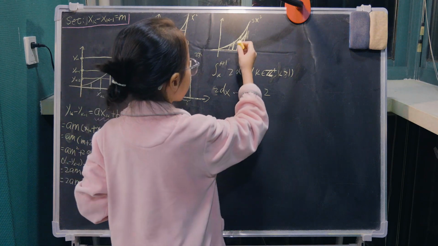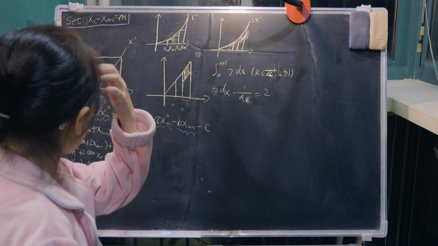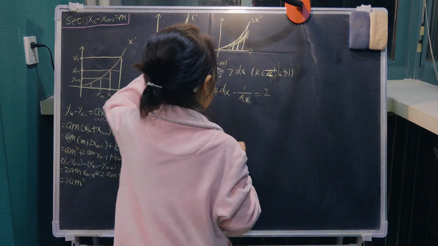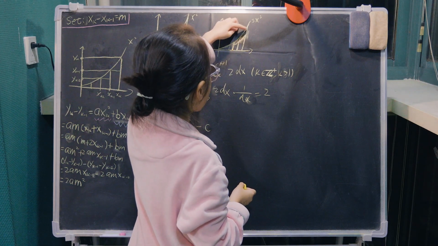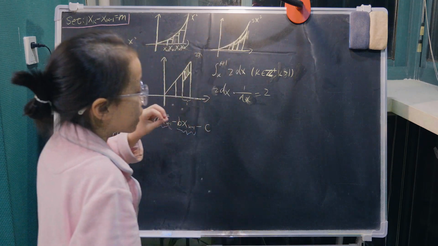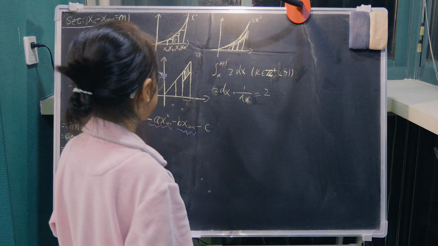So we need to find an area right here, and we use this one minus this one.